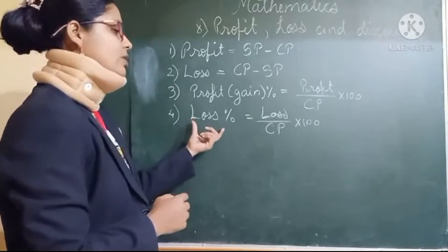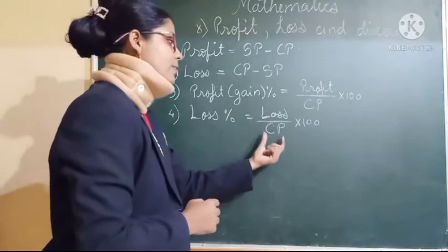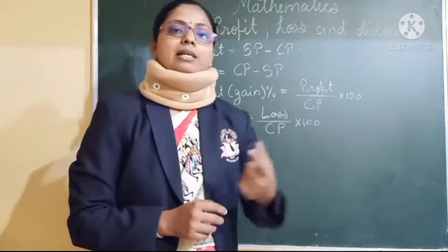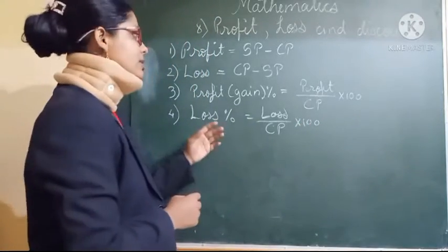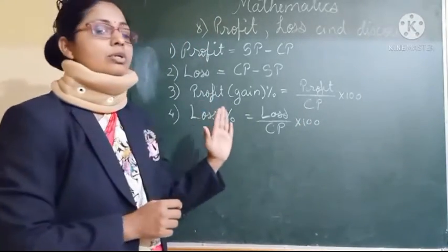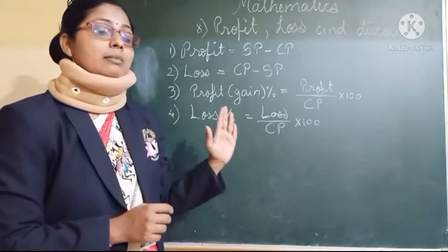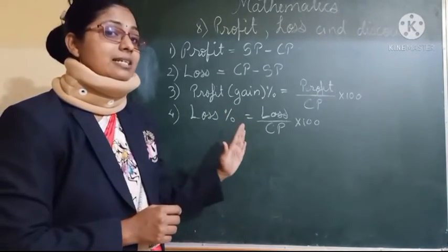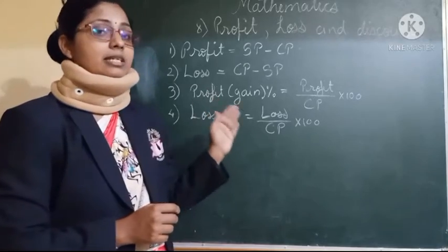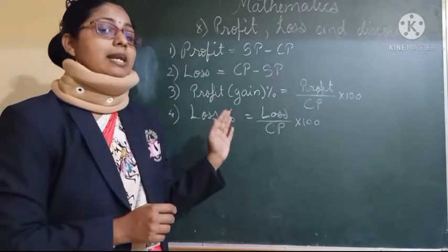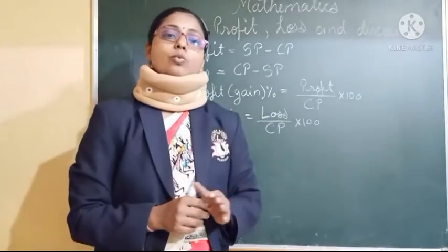In the same way for loss percent: loss upon cost price multiplied by 100. These are the formulas which you have to learn properly, revise properly, recite properly. Second, write them and learn them and utilize them wherever required.